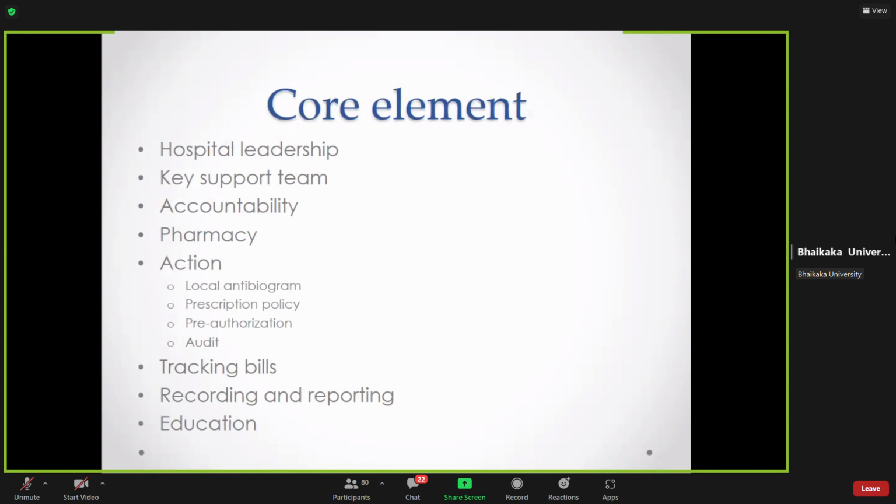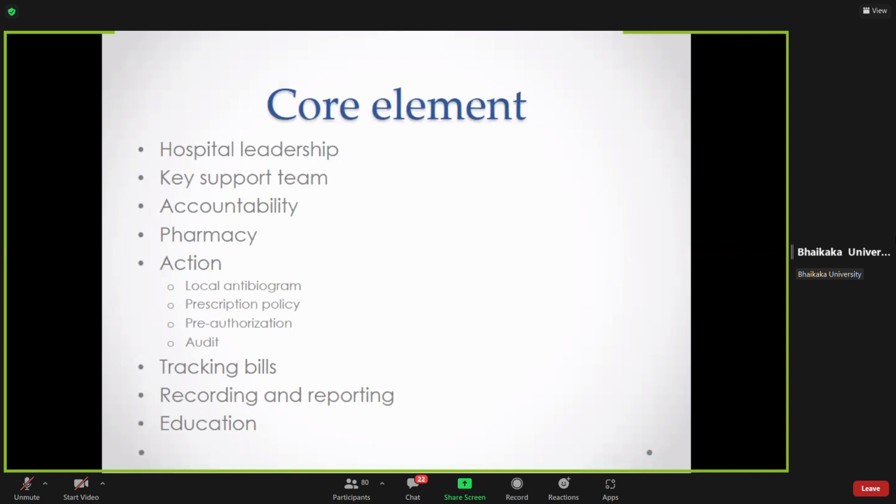These are the core elements, and the parties to be implementing this antibiotic stewardship program. The hospital leadership, first of all, should understand the importance of this program. They should understand the gravity and take a leadership role in implementing. They can form a key support team, a second layer below the hospital leadership team.